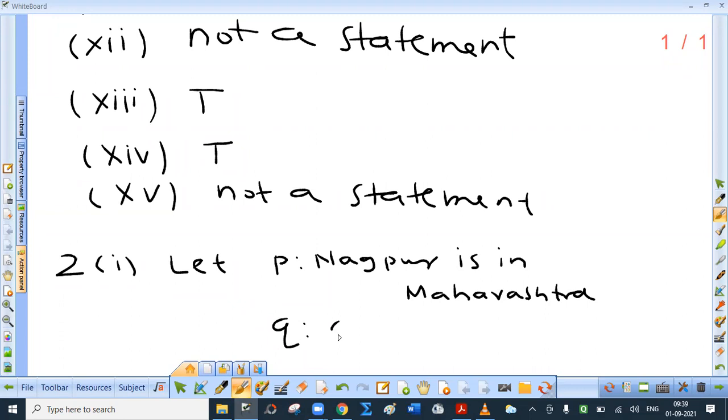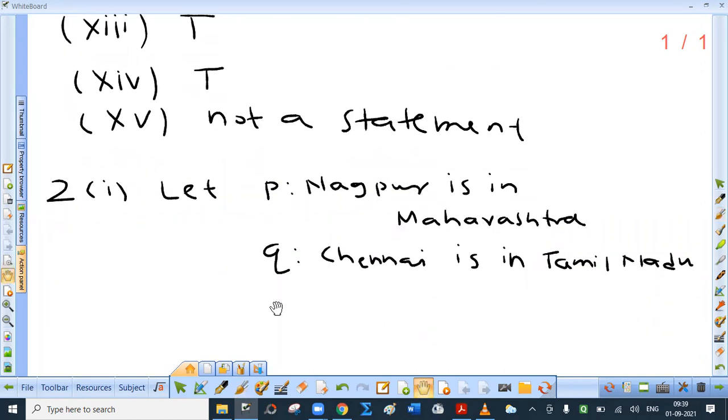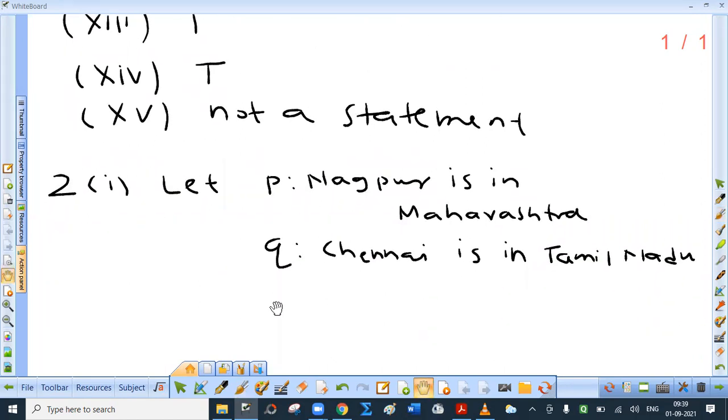Q: Chennai is in Tamil Nadu. After that, you have to say the symbolic form of the given statement is.